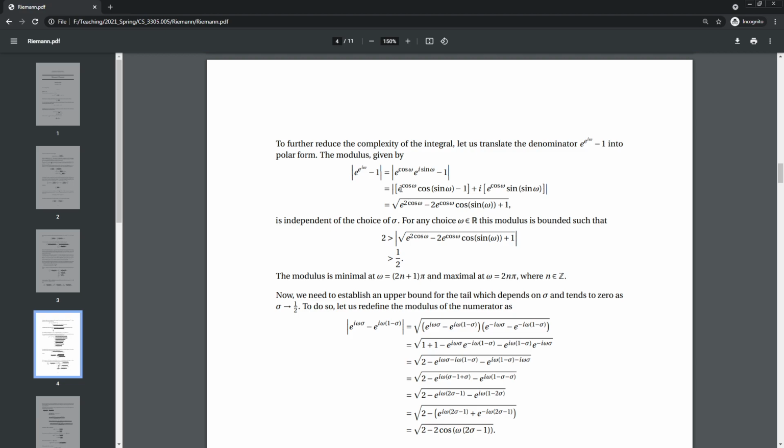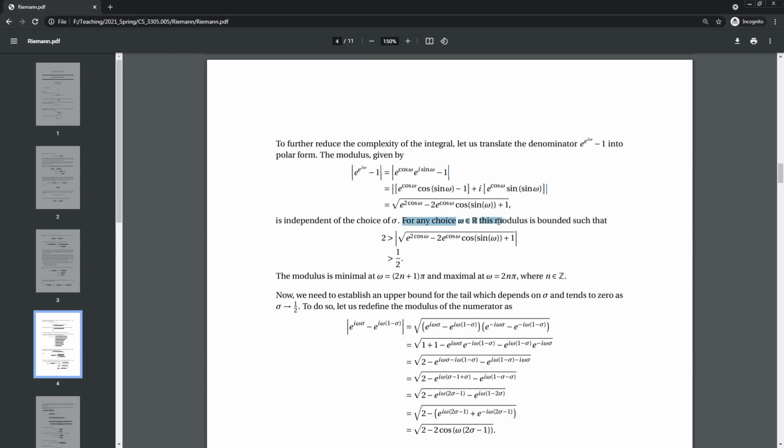So x squared plus y squared, and then you take the square root of their sum. So that's what this is. That's the modulus of it, and that's exact. And that is independent of your choice of sigma and your choice of t. That's just moving with the variable of integration.